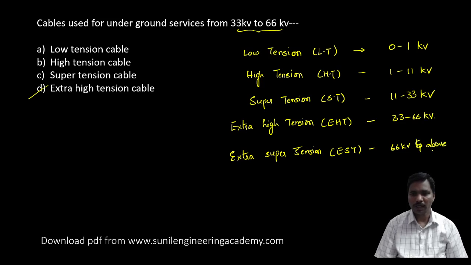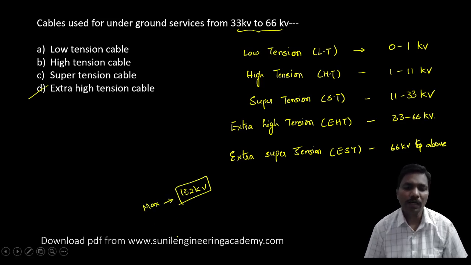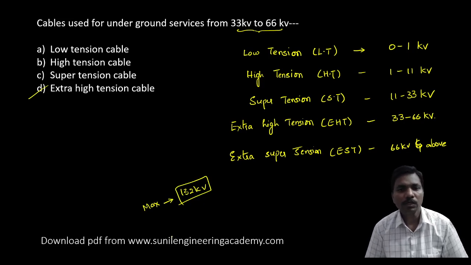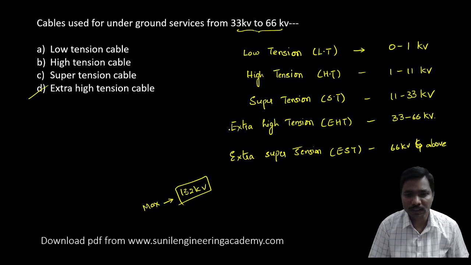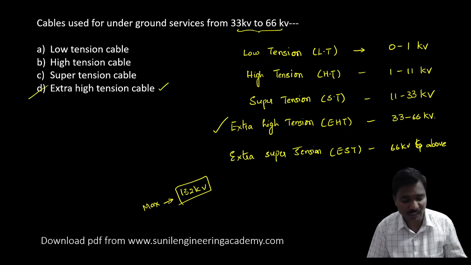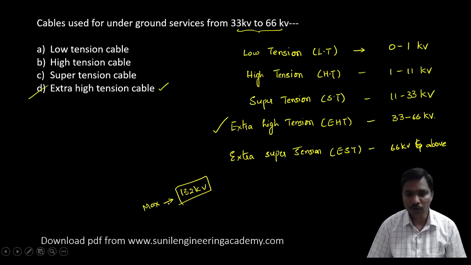Generally we take up to 132 kilovolt, the maximum transmission voltage in underground cables. So 33 to 66 is extra high tension, and the answer is option D. The classification is very important, so try to note it down.